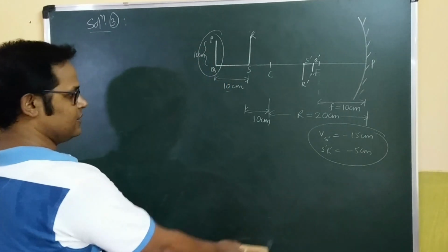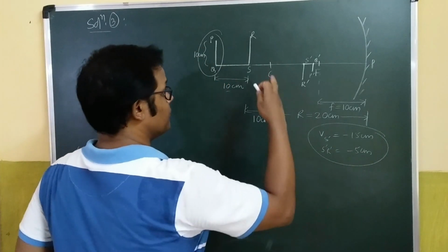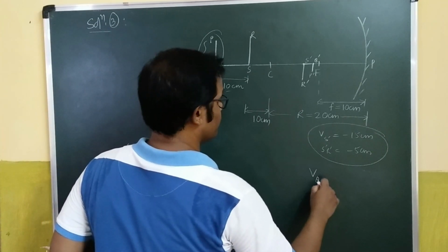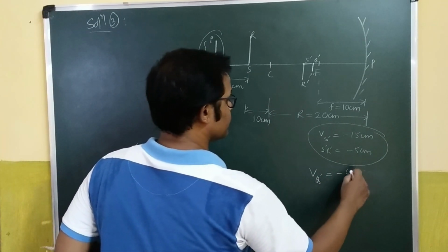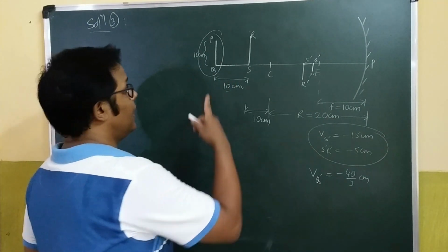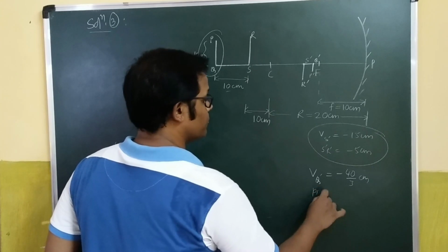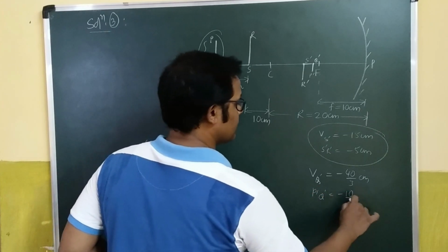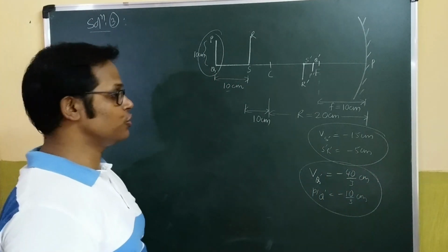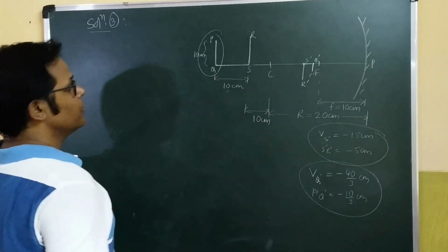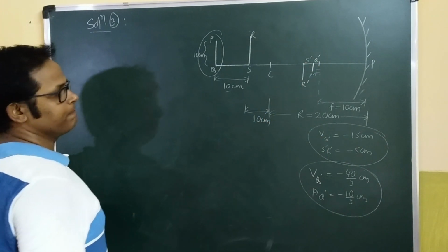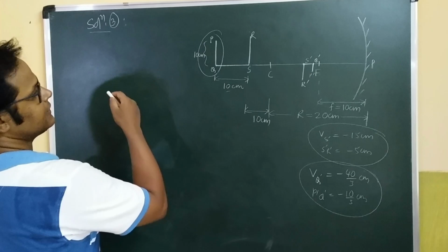Yes, I rubbed it off, but I remember for V of Q prime, we got the answer as minus 40 by 3 centimeters, correct? And P prime Q prime, we found as minus 10 by 3 centimeters. So this is the data we collected from the previous two solutions. All right. So how much is S prime Q prime going to be? We'll find out very easily.